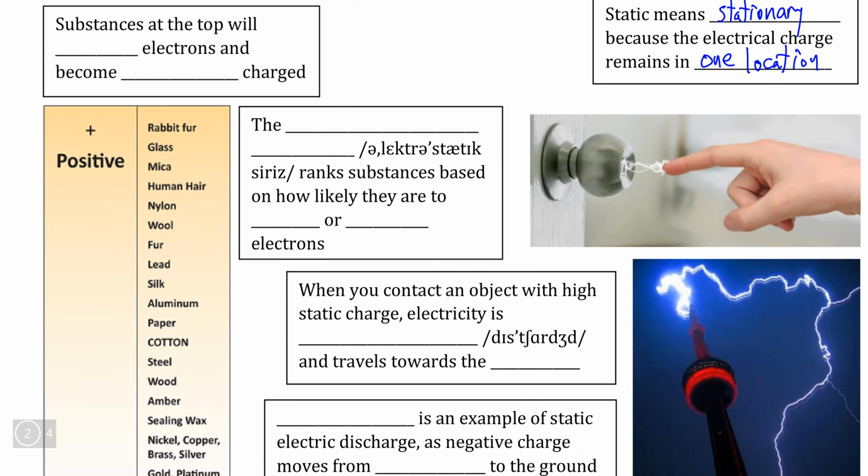So what exactly causes this behavior? Well, the answer depends on what the substance is and how likely that substance is to attract or lose electrons. So this data table here is what we call the electrostatic series, which is simply a data table that records a number of different substances and how likely those substances are to gain or attract electrons or lose electrons here.